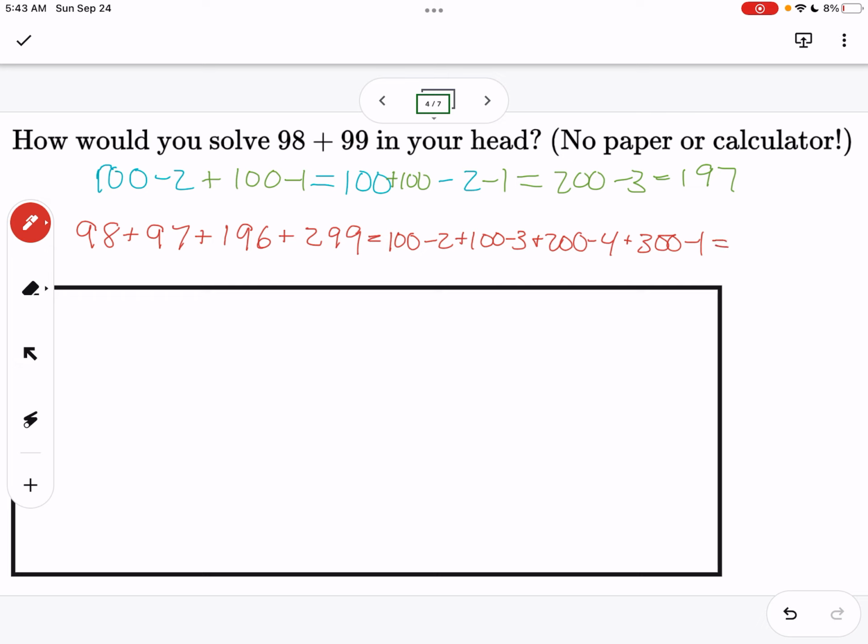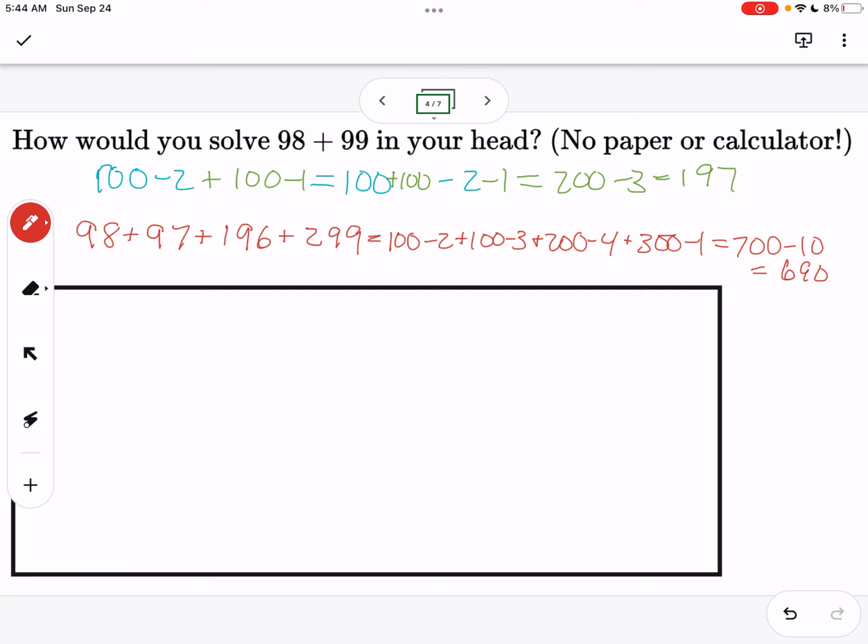Right here we have 300, 400, 500, 600, 700 minus 2 minus 3, which is minus 5, minus 4 more is minus 9, minus 1 more is minus 10. 700 minus 10 is 690. And that's a lot easier than stacking and trying to keep track in our heads of what goes in what column.